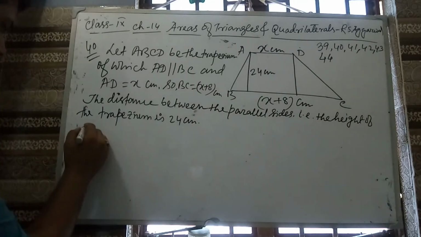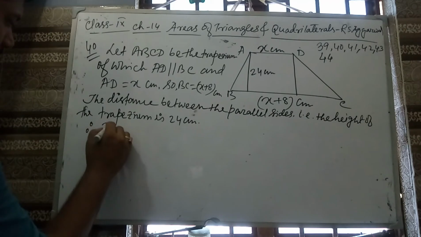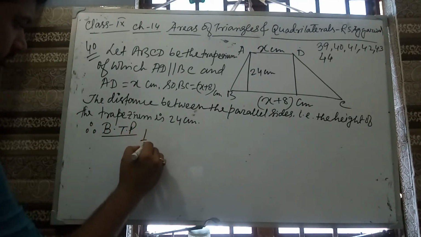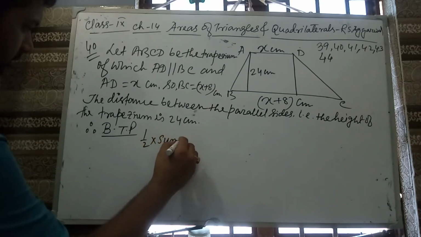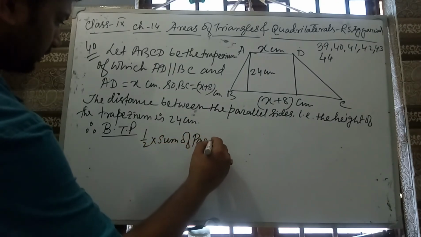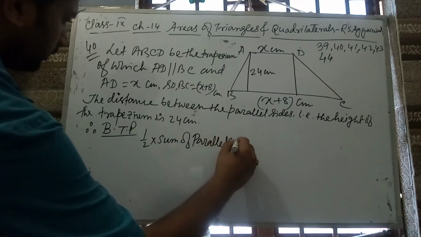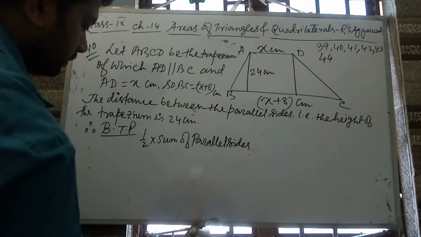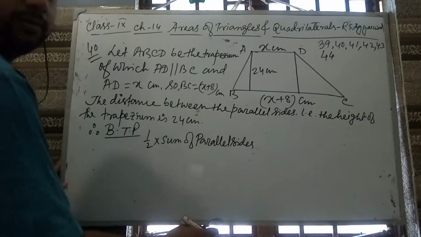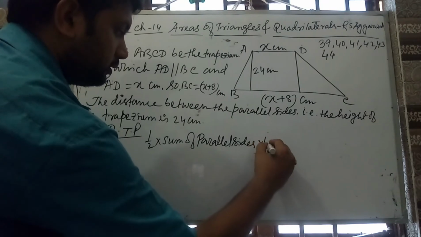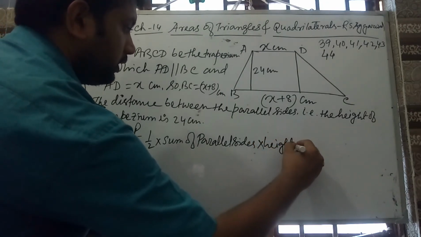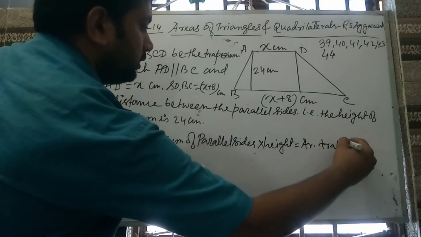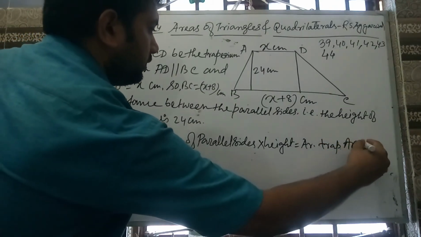Okay, so write down, therefore by the problem, half into sum of parallel sides into height equal to area of trapezium ABCD.